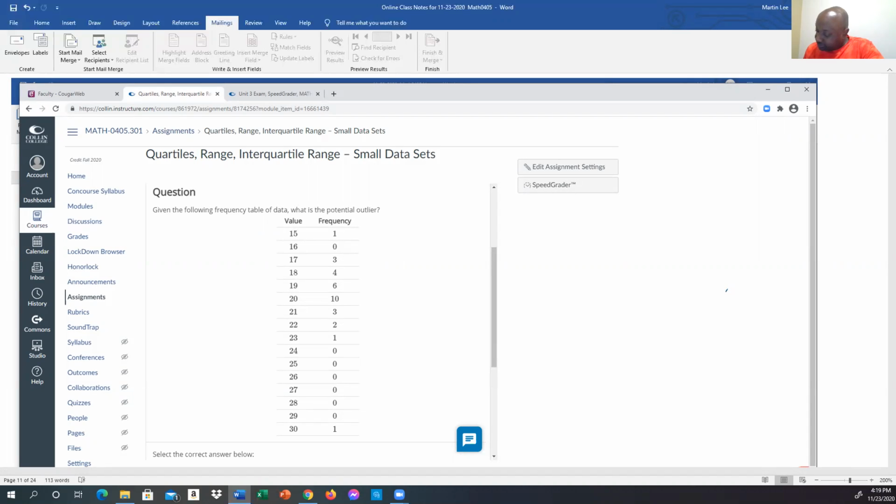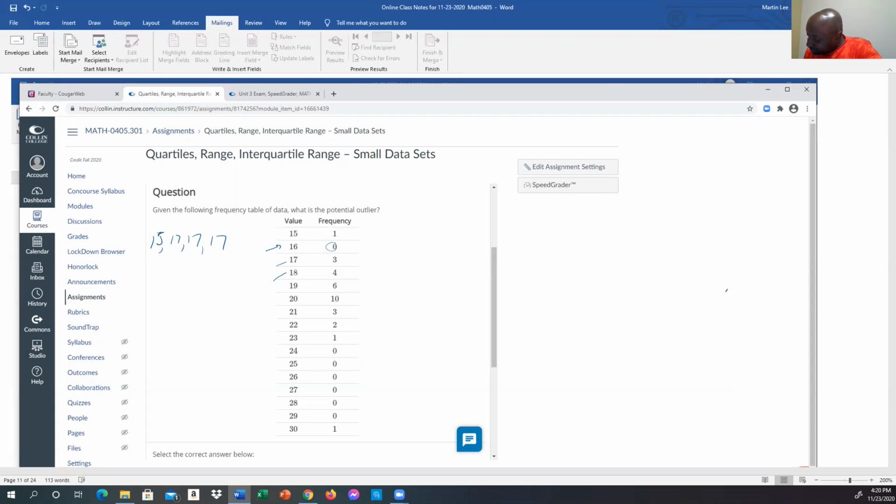So we see that the value 15 occurs one time, so we write 15. You see the value 16 doesn't occur at all, so we don't write that one. 17 occurs 3 times, so we write it 3 times.